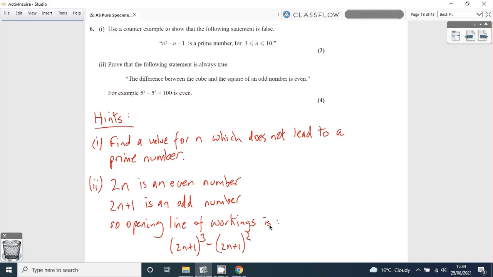So our opening line of workings is going to be an odd number cubed, take away the same odd number squared. So you've just got to process that and end up showing that when you process that, you end up with an even number.